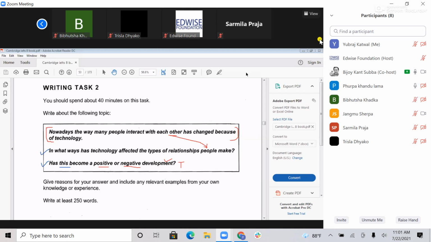As for Janmu, Trishla, Sharmila, and Vijay, you are going to write this essay, plus you will also finish the previous essay by writing the conclusion. The conclusion will hardly take you 5 minutes. You finish that essay, and then your home assignment is to write this essay.